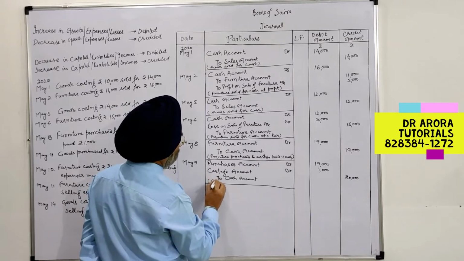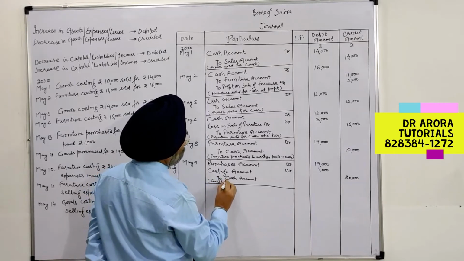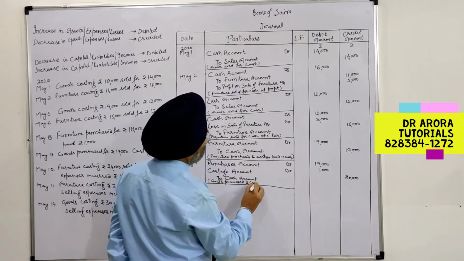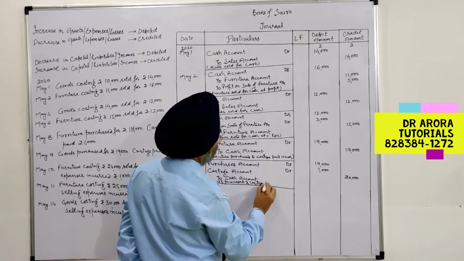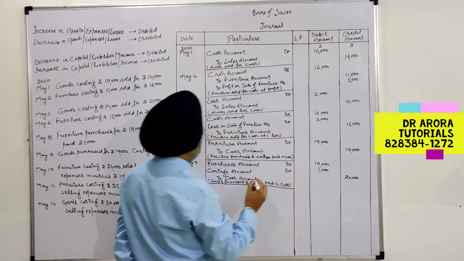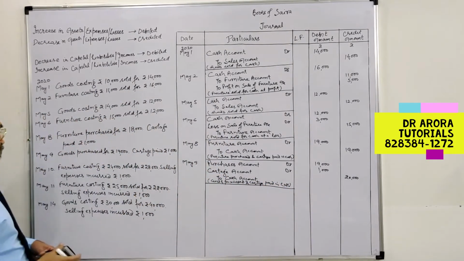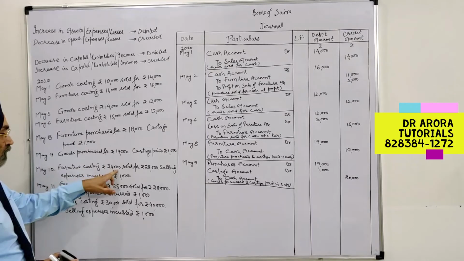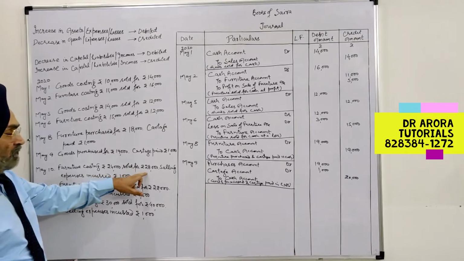So goods are purchased and cartage paid in cash. So this was our entry for May 9th. May 10th, furniture costing 24,000 sold for 28,000.